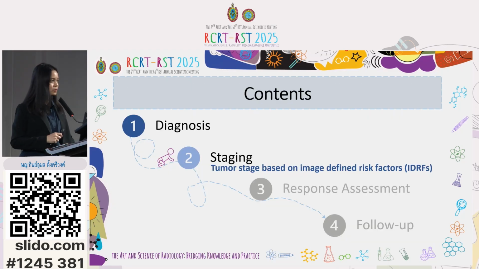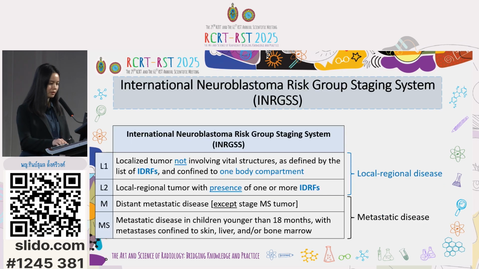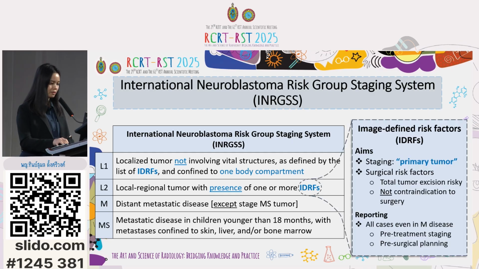Now, move on to the staging, with a focus on IDRF. Nowadays, we use the International Neuroblastoma Risk Group Staging System, or INRGSS, introduced in 2009. This has 4 stages, L1 and L2 for locoregional disease and M and MS for metastatic disease.